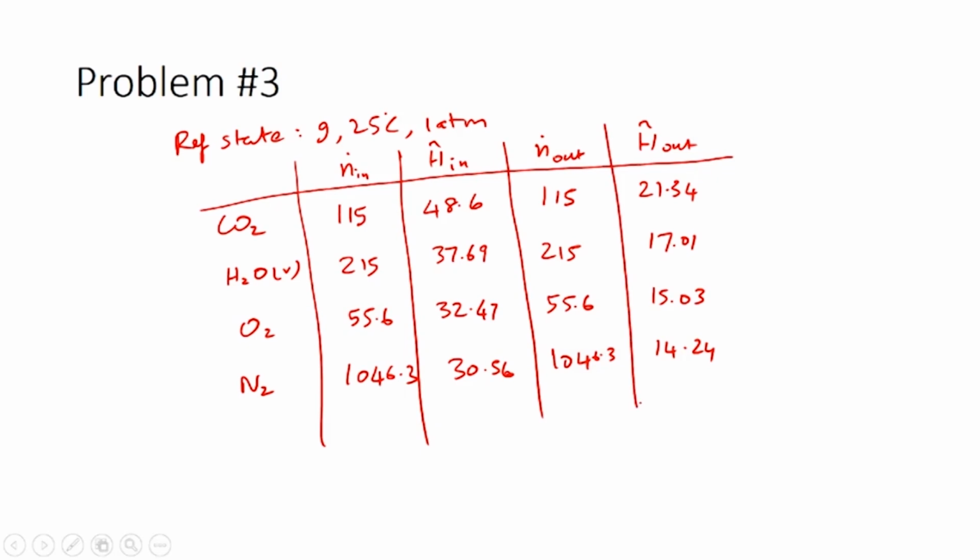Now that we have the enthalpy table completed, we can perform the energy balance calculations for this open system. Q dot is equal to delta H dot. Because there are no moving parts in a waste heat boiler, shaft work goes to 0, and kinetic and potential energy changes are also 0.